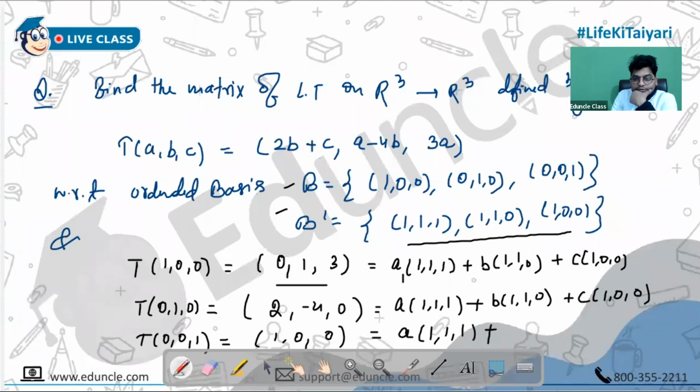You can write down A1 B1 C1, A2 B2 C2, A3 B3 C3. Yes. What is the A1 A2 A3 B1 B2 B3 C1 C2 C3? Yes. Tell me फटाफट बताइए so that we can solve the problem.